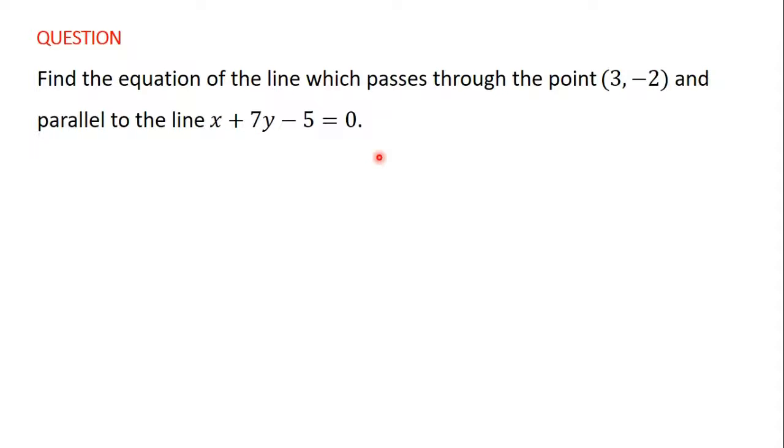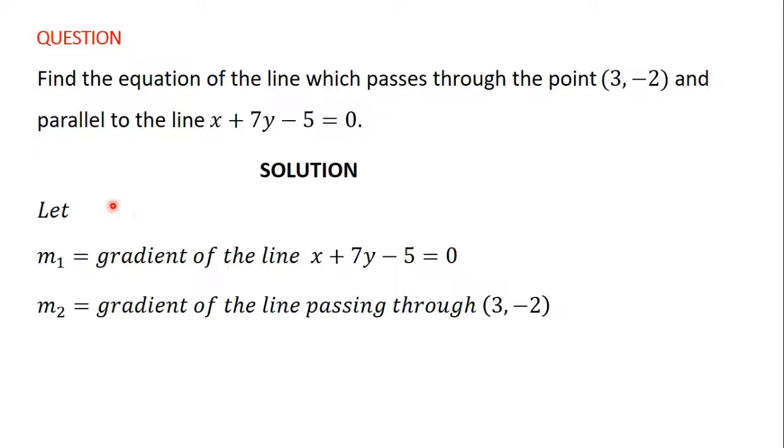We have learnt that if two lines are parallel to each other, it means that they have the same gradient. So in this case, the line that passes through the point (3, -2) will have the same gradient as the line x + 7y - 5 = 0.